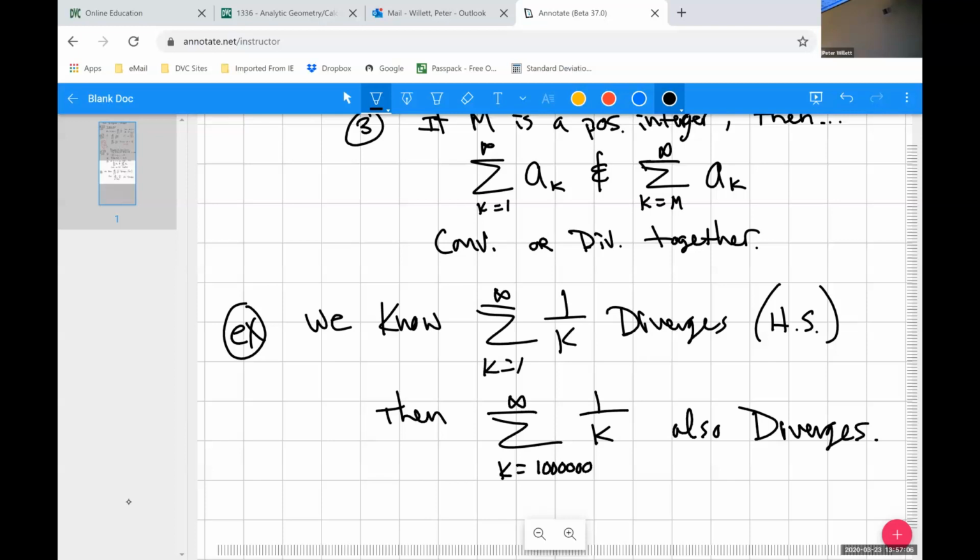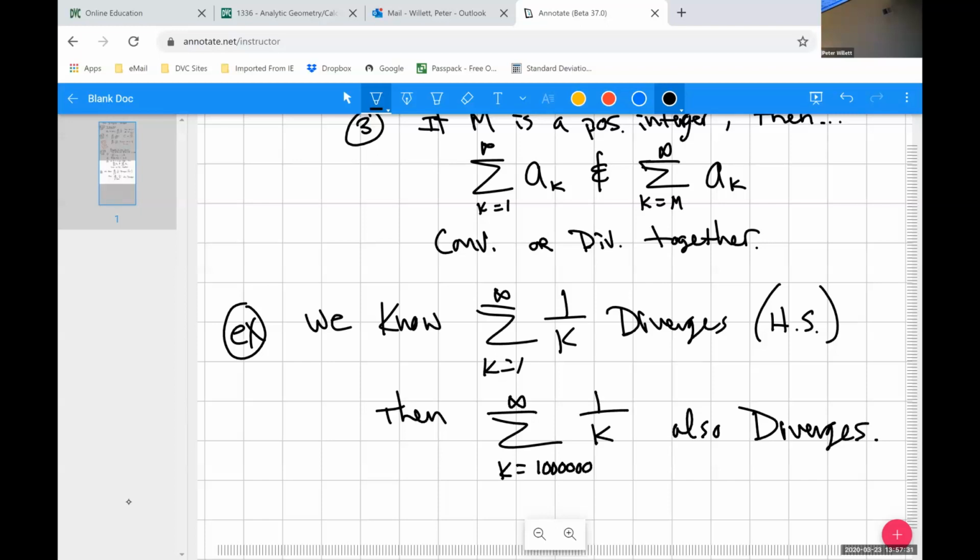So basically what this says is that if a series diverges, it doesn't matter where you start counting, because it's going to diverge or converge. That is completely determined by what happens as you go to infinity, not what happens in the first finite number of terms.